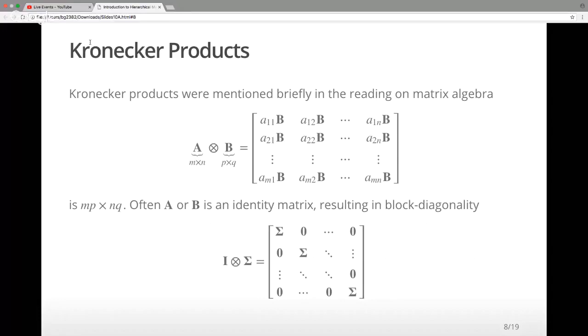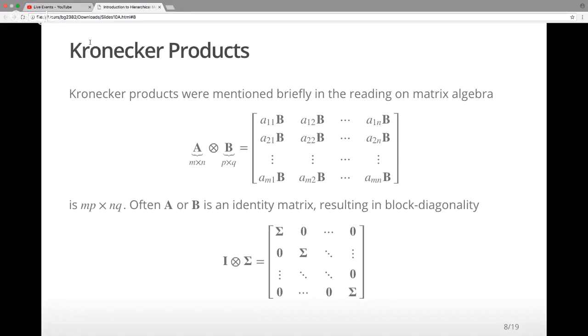So a very common construction is identity matrix times covariance matrix. And that results in a big matrix that has a so-called block diagonal structure. It's not exactly diagonal because some of the off-diagonal elements are non-zero. So like the 1, 2 element of this matrix is going to be non-zero if the 1, 2 element of sigma is non-zero.